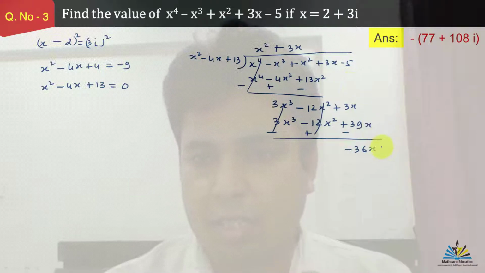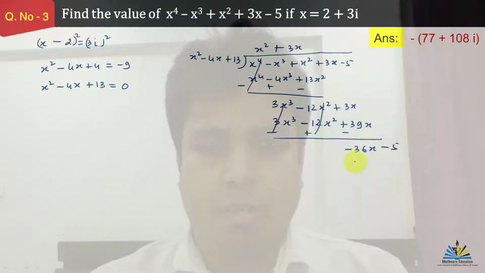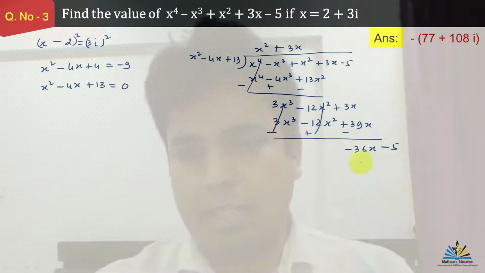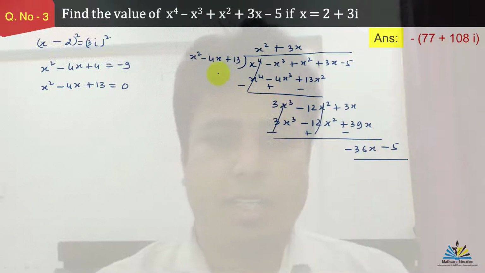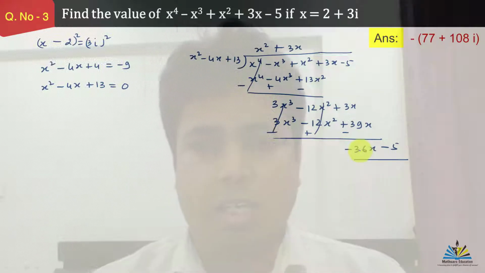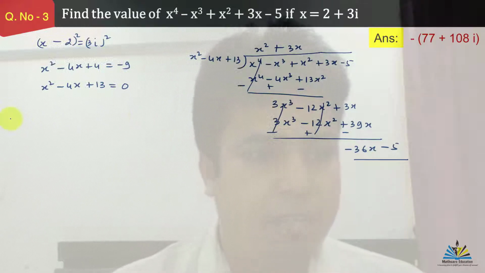Now take minus 5 as well. Now we can't divide this further since its degree is less than the divisor. So this is the remainder. What does it mean?